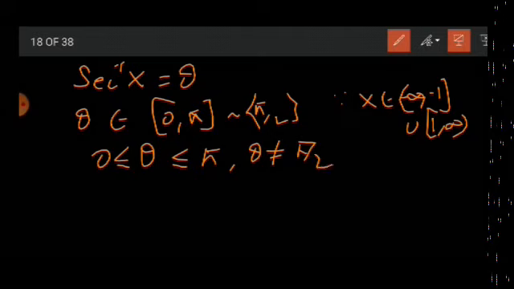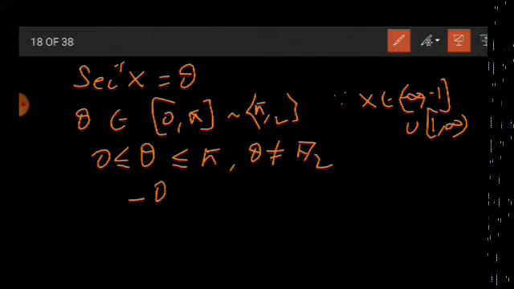So as you know, theta is in 0 to pi, closed interval. Theta lies between 0 and pi and theta is not equal to pi by 2. So as you can see, theta is less than or equal to pi and greater than or equal to 0, whereas theta is not equal to pi by 2. This is in interval form, and now we have written it in inequality form.